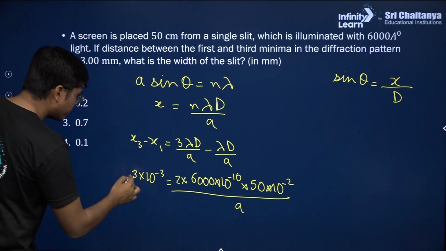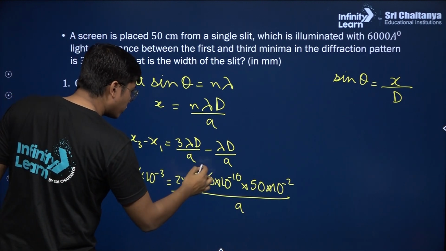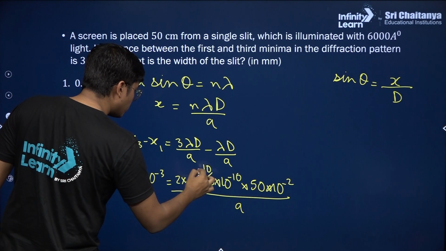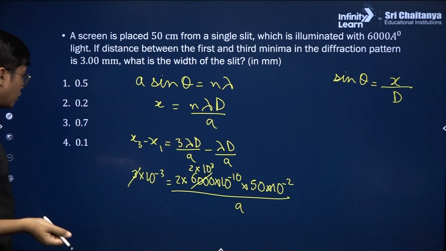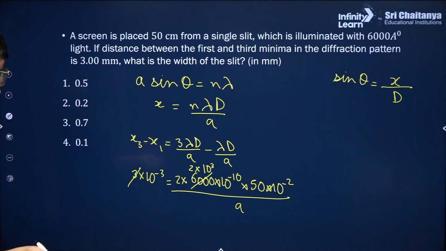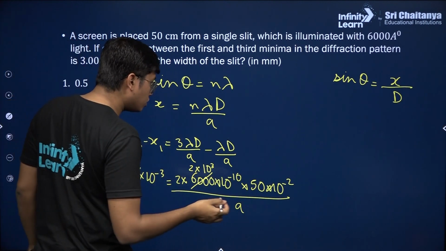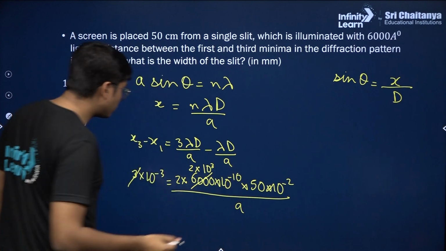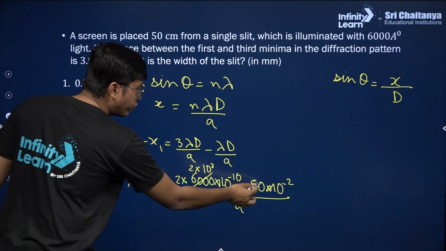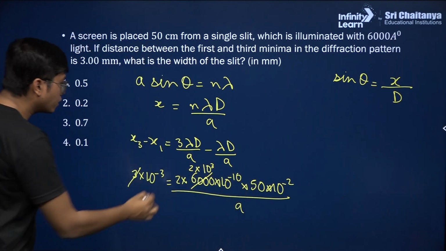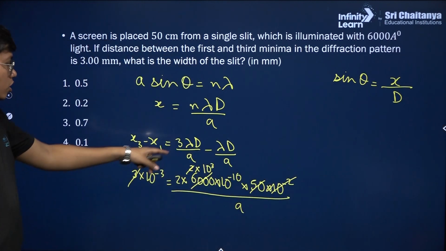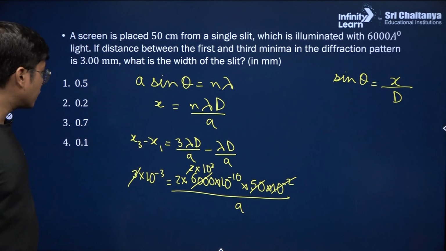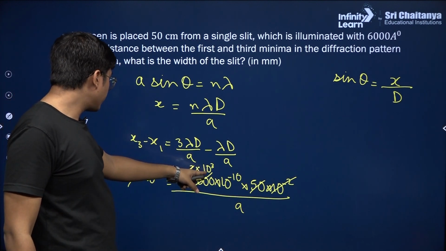For instance, this 3 I can cancel out to give you 2 into 10 to the power 3, like 2000 from here. 2000 can cancel out with this 2 and 50 would give you 100, right? So 100 cancels out with 10 to the power minus 2, because 100 into 10 to the power minus 2 would cancel out. You have 10 to the power minus 3 here.